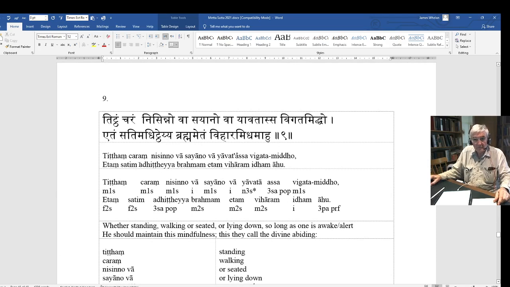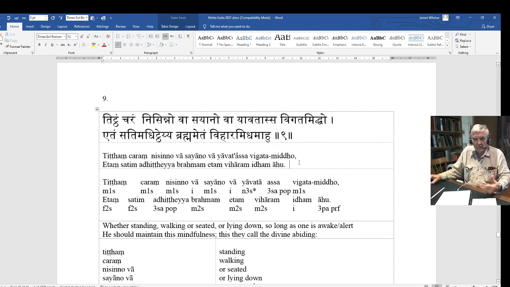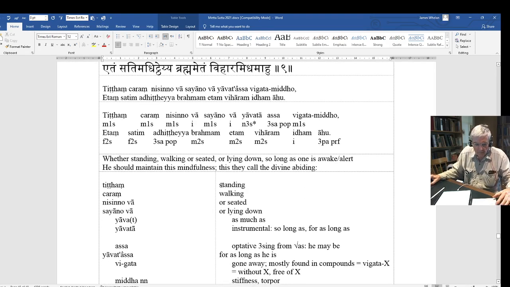Right. Here the longer form, adiyeya. It could equally have been adiye, but adiyeya. Let one, the adhitthana, kind of set it up, maintain, it's translated here. So I think that's it for the optatives in the Karaniya Metta Sutta.